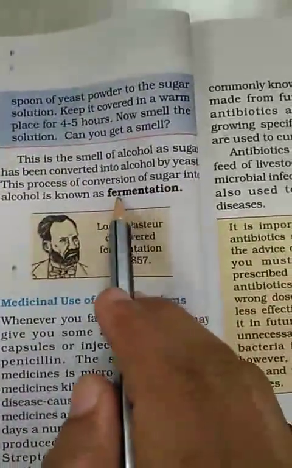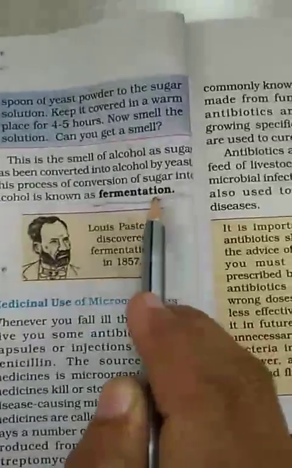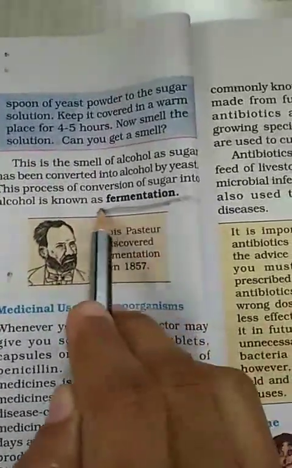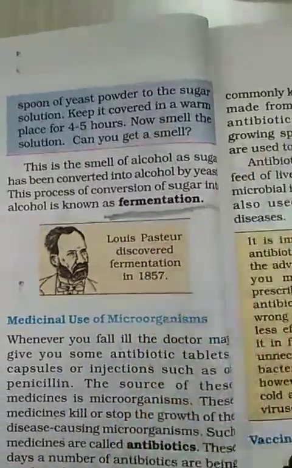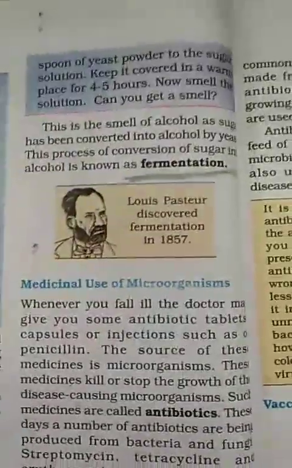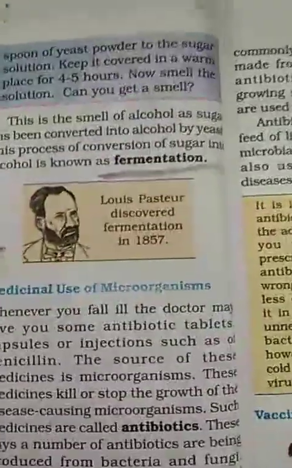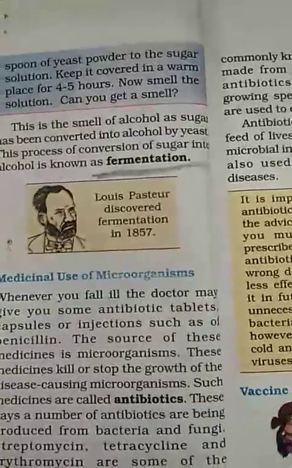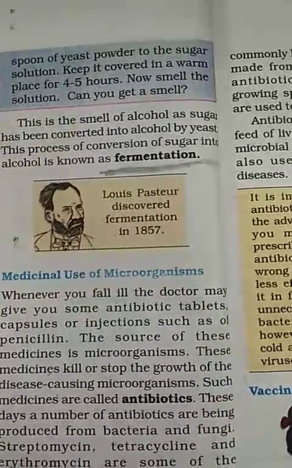The next we are going to see is fermentation. You have seen the dough or the batter of idli. After keeping it aside for 6 to 7 hours, its volume rises. There is a smell of alcohol as sugar has been converted into alcohol by yeast.